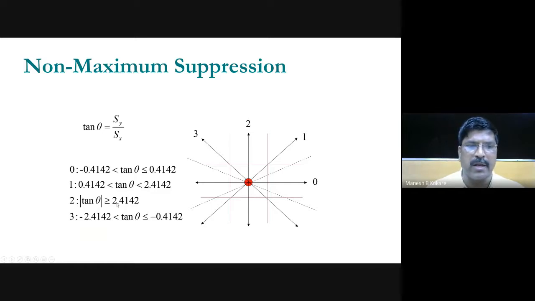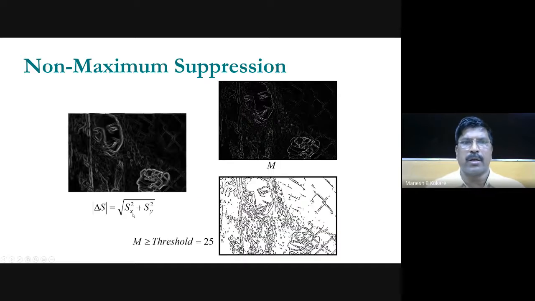For tan theta greater than 2.4142, it will be considered direction 2. And if tan theta is between -2.4142 and -0.4142, the direction of that pixel will be considered 3. So the directions 0, 1, 2, 3 are based on the angle of that pixel. In that way, after non-maximum suppression and thresholding, you get the output like this.